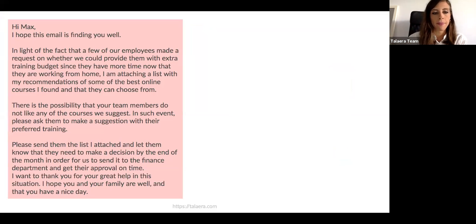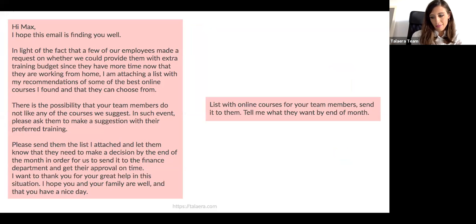For example, here's an email. There's no need to read it now. You can read it later when you have your slides, but it's clear that there's a lot of information in there. That's probably too long, and the vocabulary is quite complicated. I would not recommend that one, but I would also not recommend the one on the right. And they do have the same information.